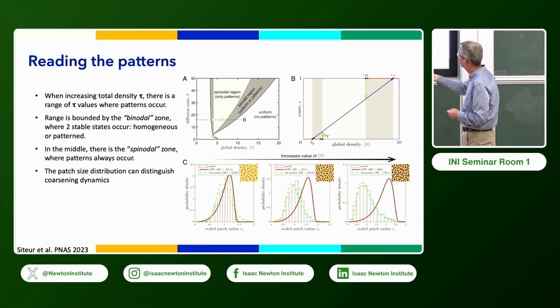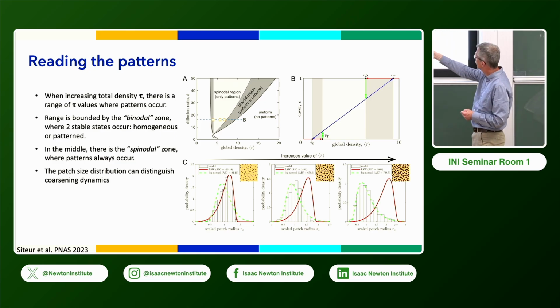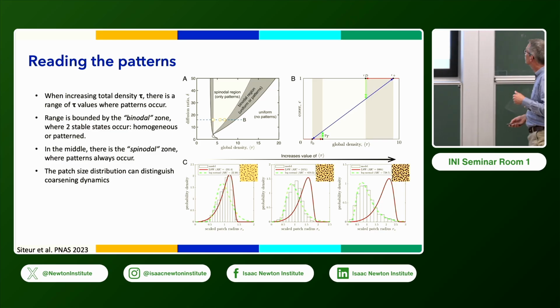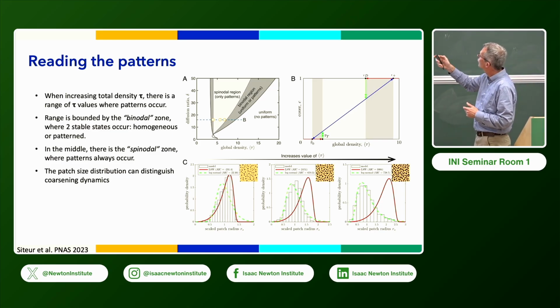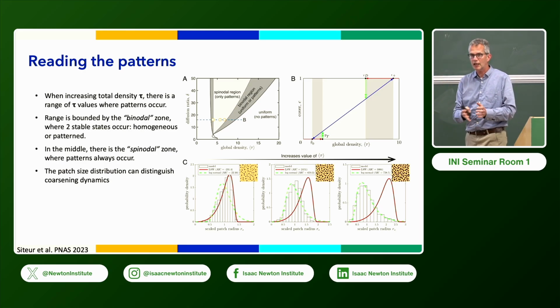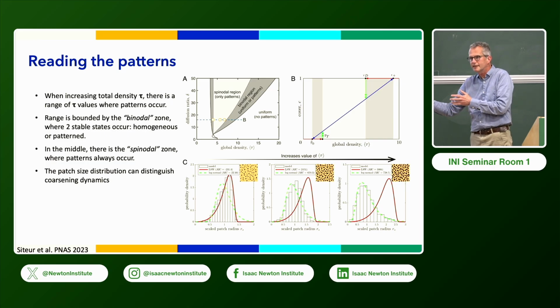I think Koen emphasized the log normal distribution for the development of patches. Well, first of all, as you can see, we studied this along. We did a classic phase space analysis. You can see here the spinodal region and the binodal region. Our question was actually, how can you distinguish the changes in the patch sizes when you have just the normal dynamics from a system where things are actually changing?